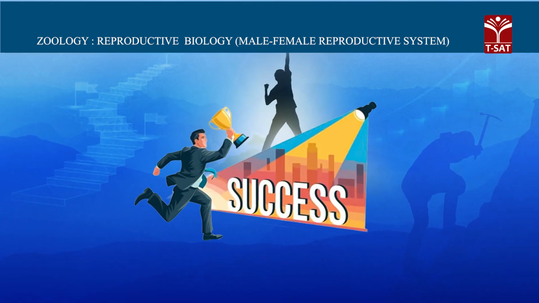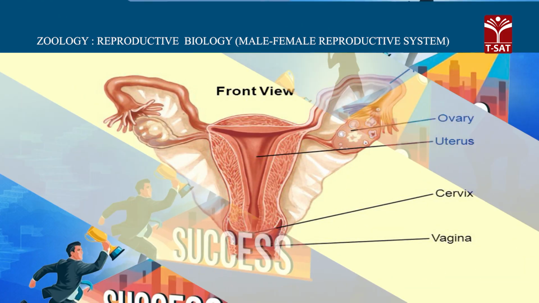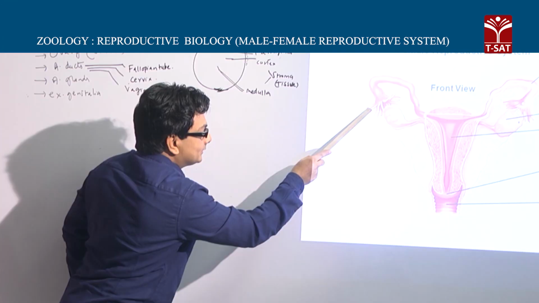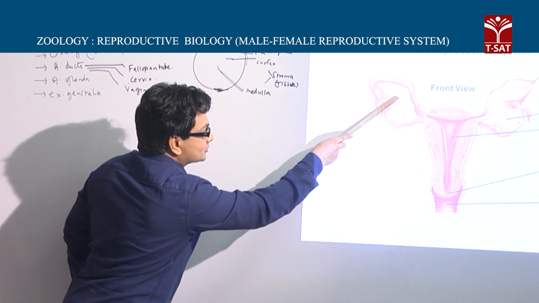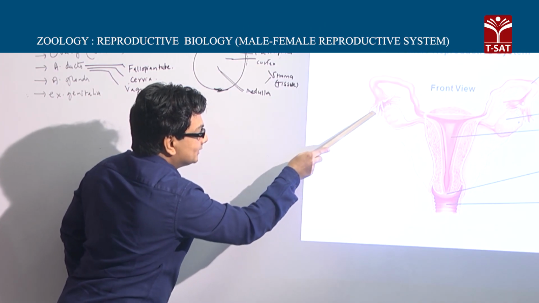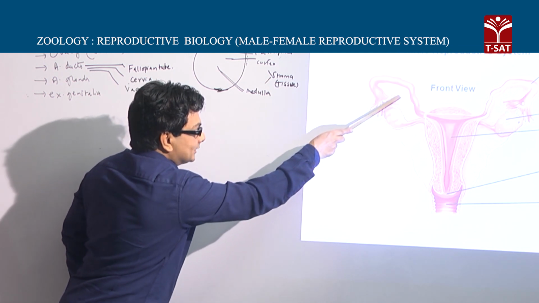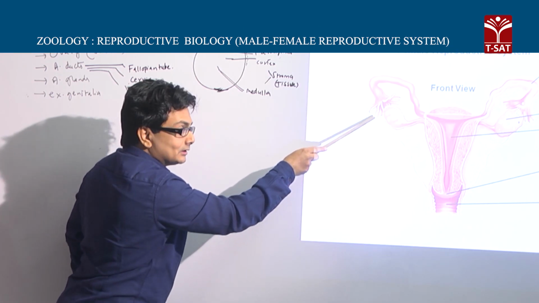So let's study the fallopian tube on one side. If you can see the fallopian tube here, it has this margin with all the projections like this. This is called the fimbriae. The margin folds welcome the secondary oocyte.